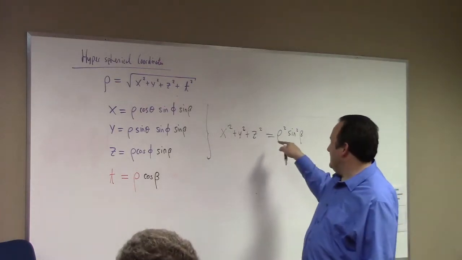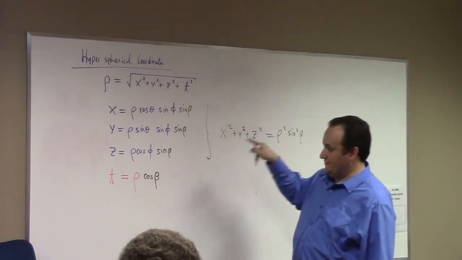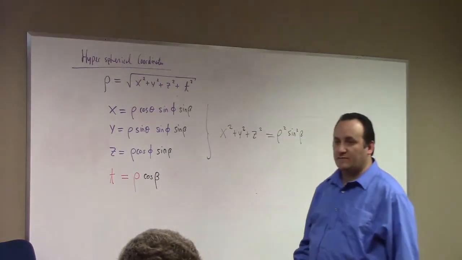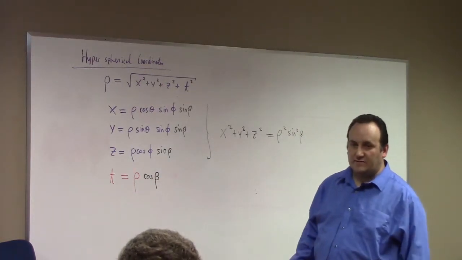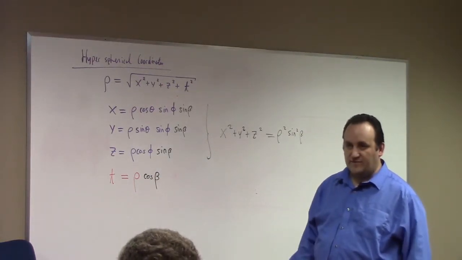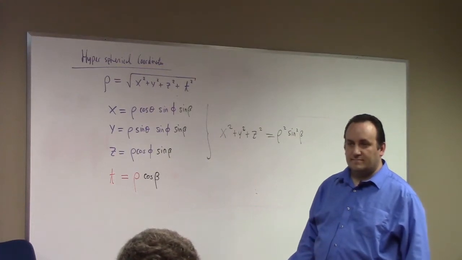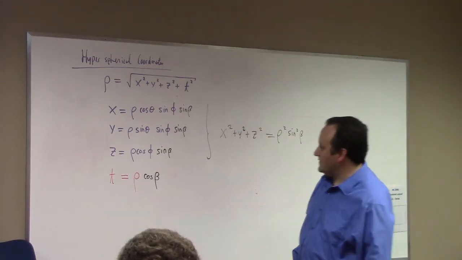So when you add this to t squared, you get rho squared times cosine squared beta plus sine squared beta, which works out to what you want. So there you go. These are the coordinates.